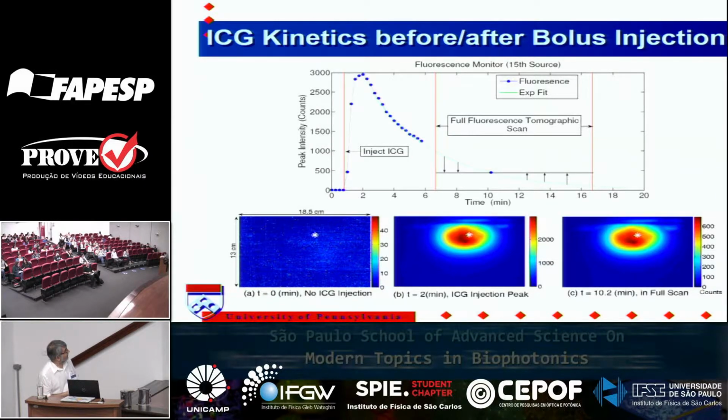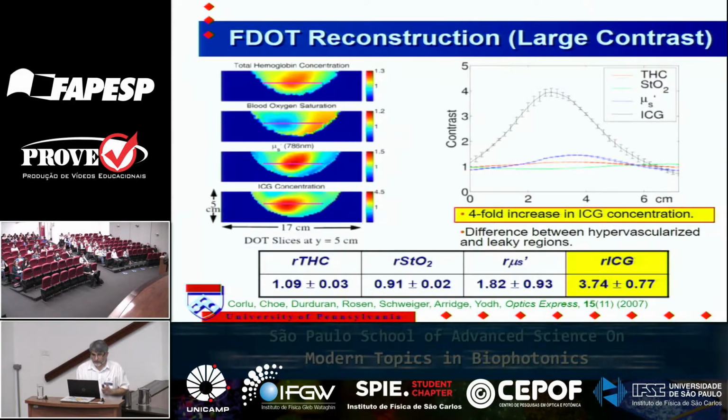But we let it fall down a little bit, maybe by a factor of 2. And then for the next 10 minutes or so, we did a full fluorescence tomography. So we scanned through all of our sources at the right wavelength, and we detected the fluorescence at 830 on all of our detectors, okay? And then we inverted that data. And I just want to show you one result, which is shown here. So this is one patient.